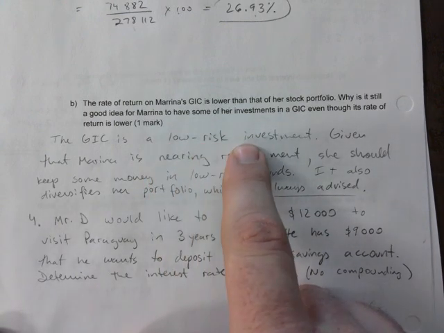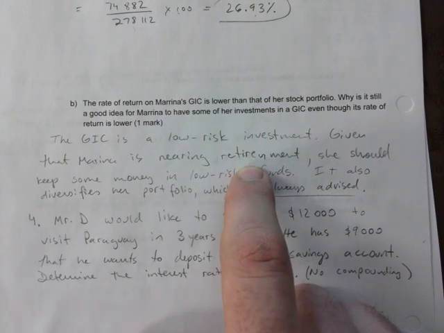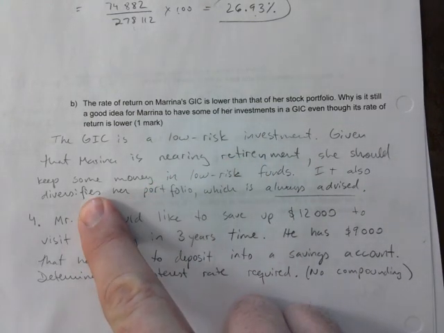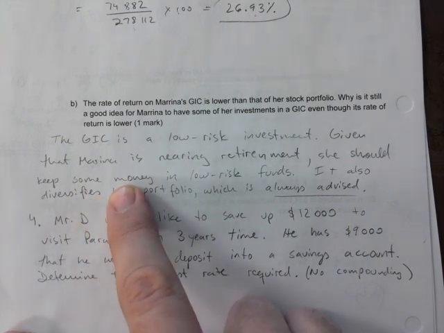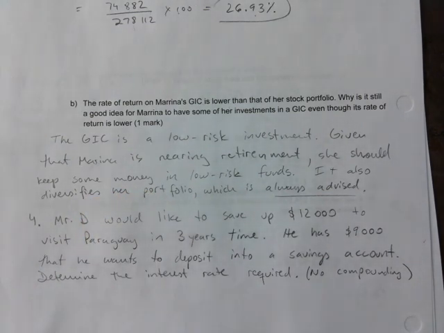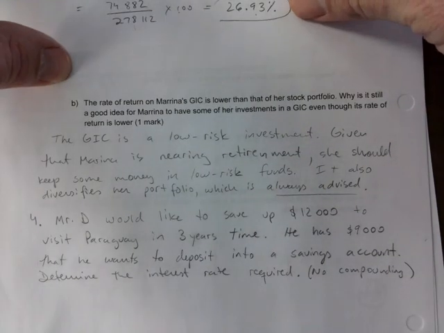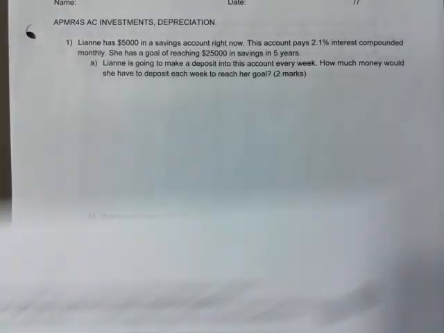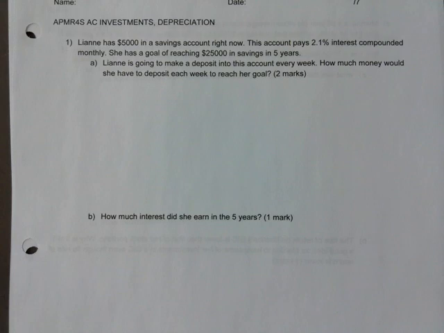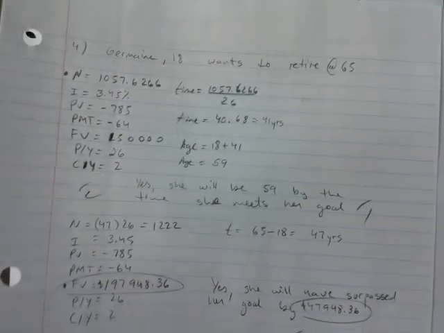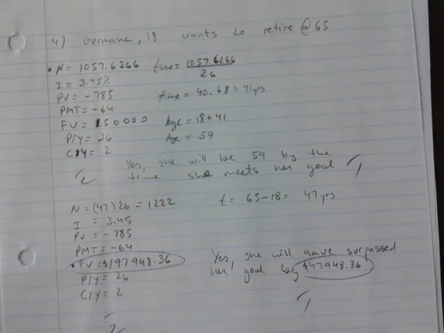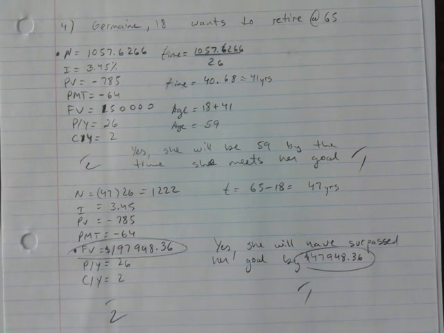So it's a low risk, that would be a mark. You diversify by doing that, that would be a mark. And just saying that giving her old age or nearing retirement is a good idea. Okay, so far it's 2 marks for that. And then talk about Jermaine back here.